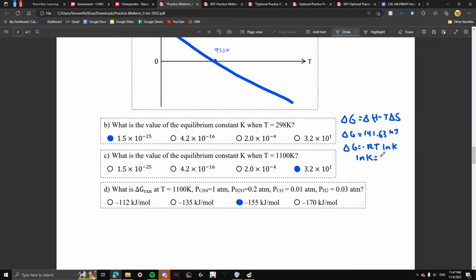That gives me ln K is equal to negative 57.16. We raise both sides to the e to isolate for K, and that gives me K is equal to 1.49 times 10 to the negative 25. I ran out of space. Time to write it even smaller.